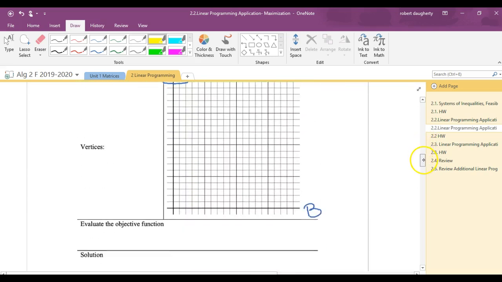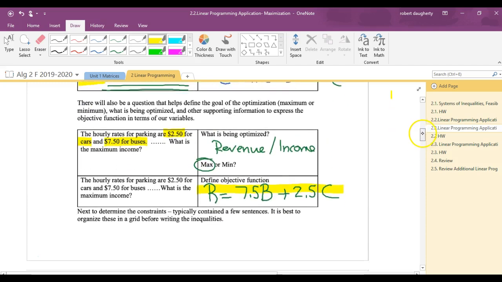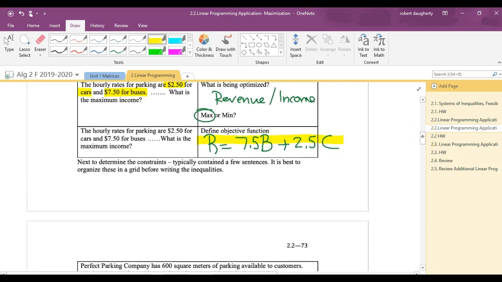And then my graph is going to have B and C for the horizontal and vertical axis, okay? All of that consistency will help you, because when you go to plug in your numbers, if the C and the B are mixed around in this objective function, you're likely to mix up what gets plugged in where. So putting everything in the same order will help.